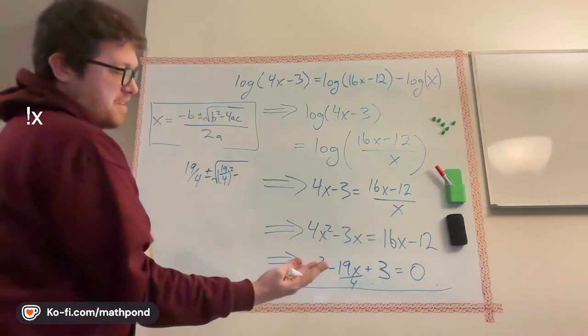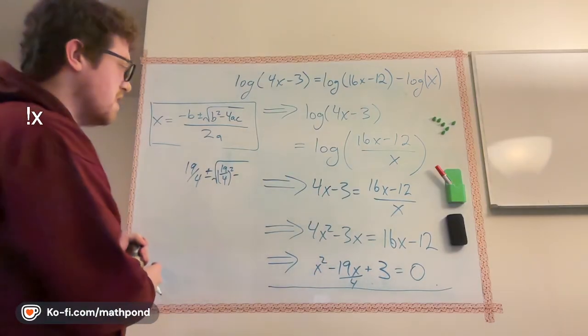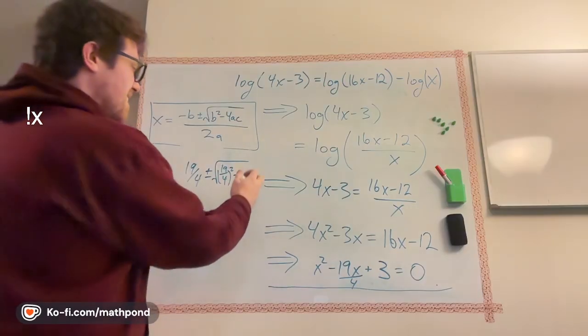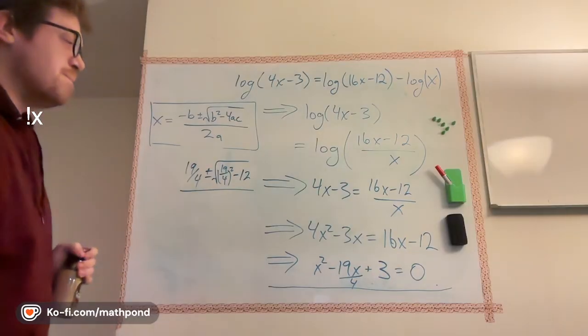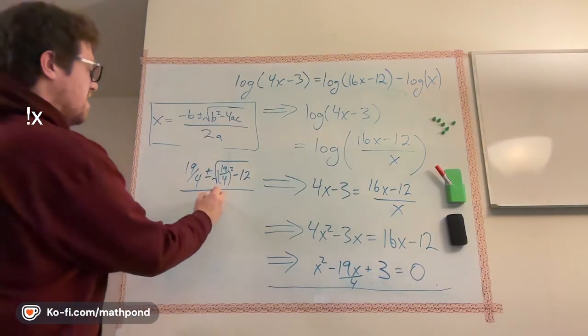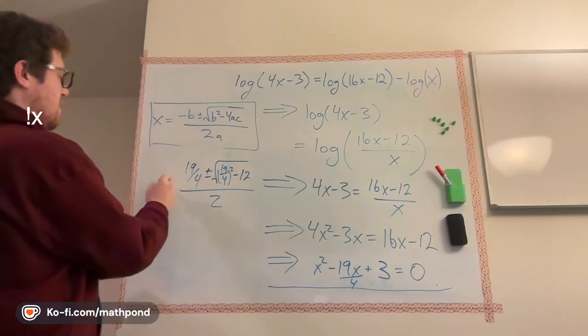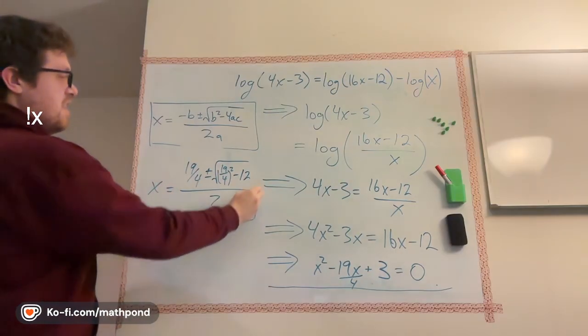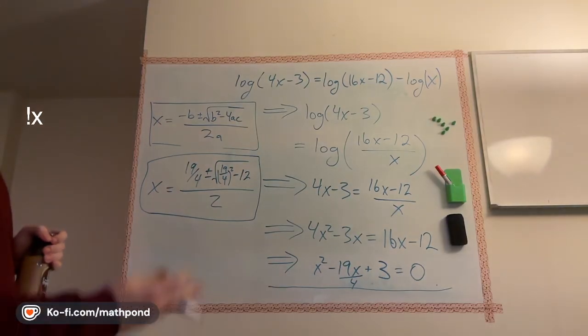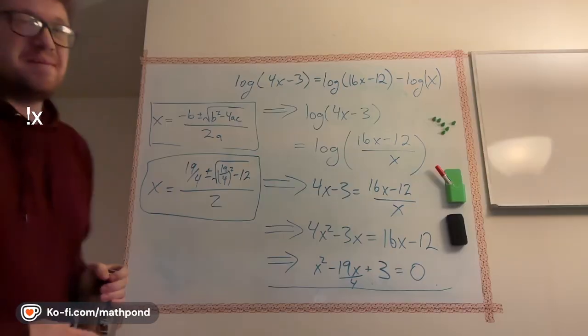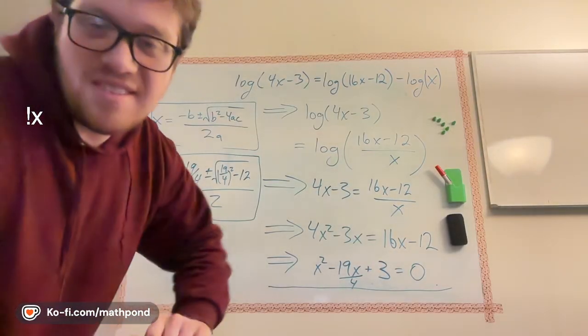If you don't have a calculator, but when do you ever not have a calculator? 4ac all over 2a, right? So yeah, I could do it out obviously, but if you have a calculator, it's obviously easier.